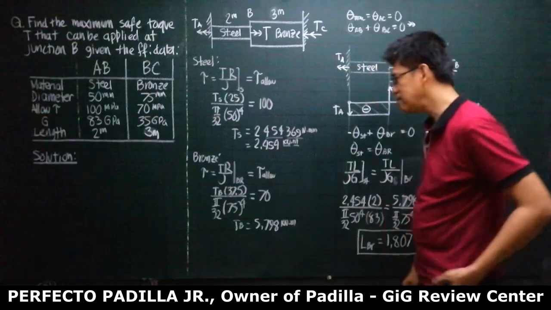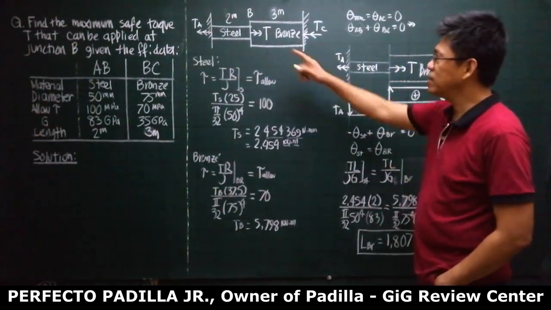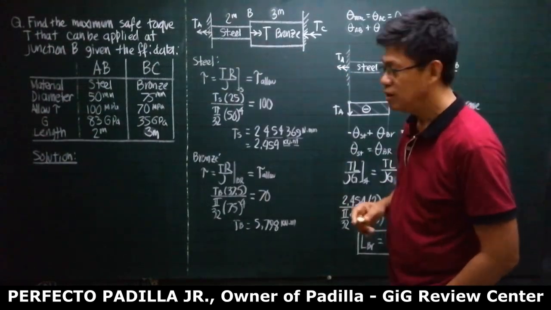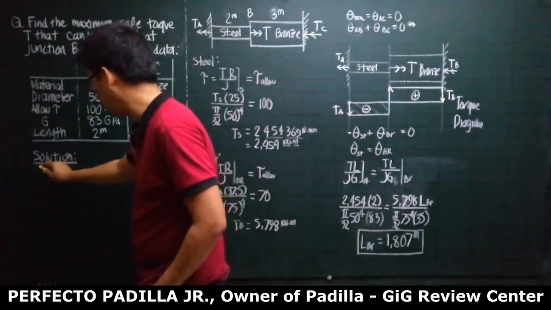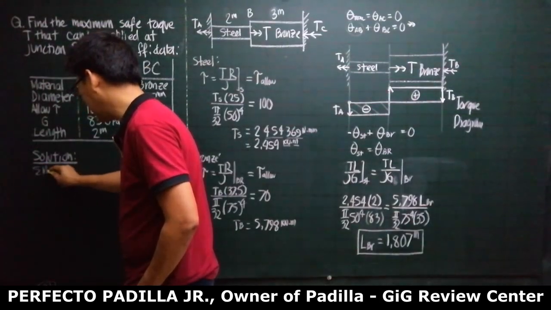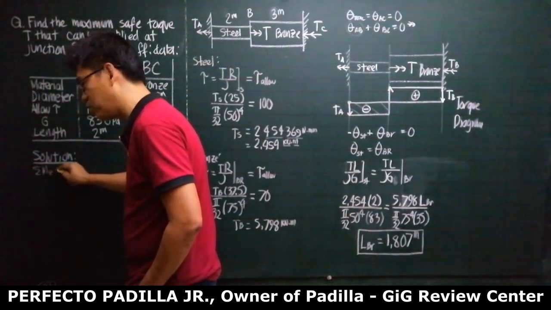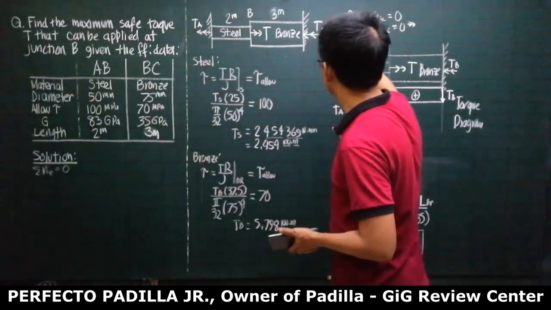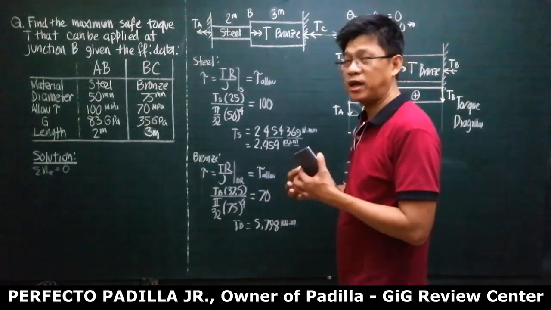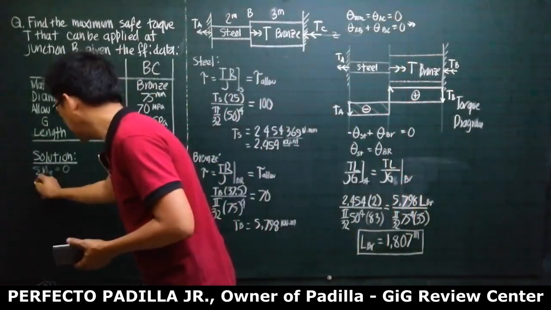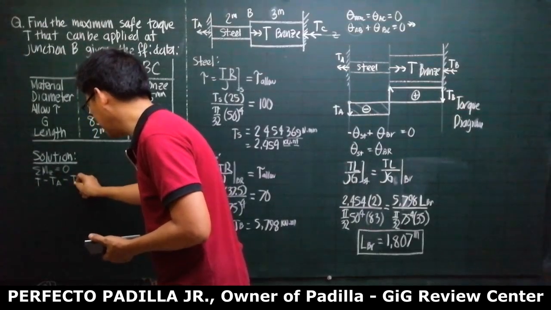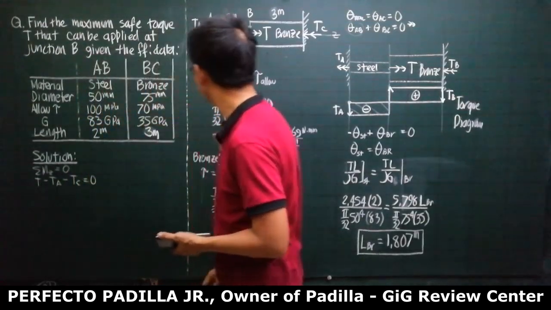So, we want to find the maximum torque T that can be applied at the junction. If we take the summation of moment or torque about the z-axis, the longitudinal axis, equal to 0, we have T minus TA minus TC is equal to 0.